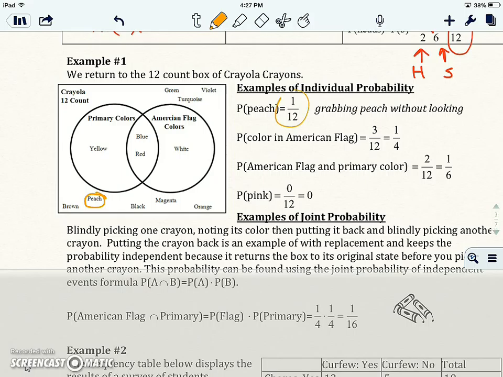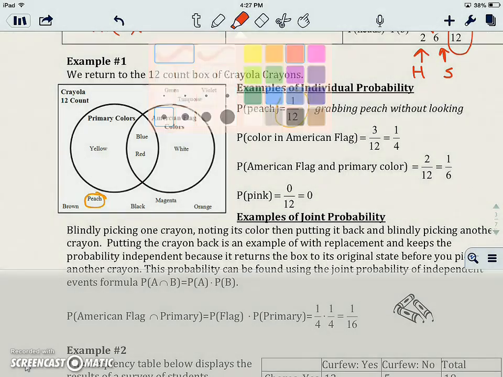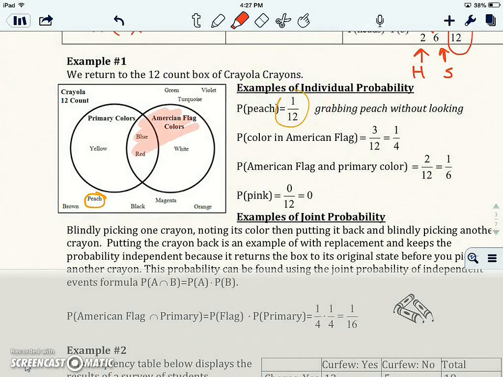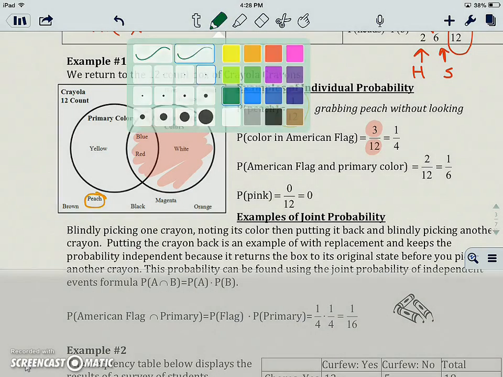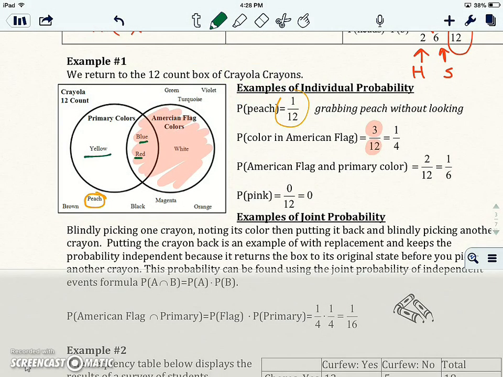What about the colors in the American flag? Well, those would be these colors. There are 3 of them out of 12 crayons, or 1/4, or 25%. I could then say getting an American flag color and a primary color. Well, primary colors are yellow, blue, and red.